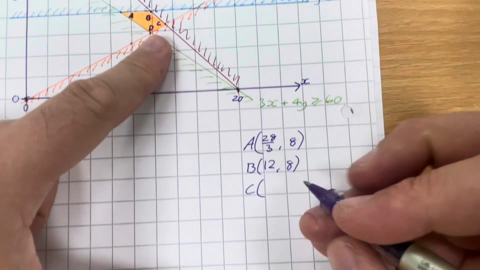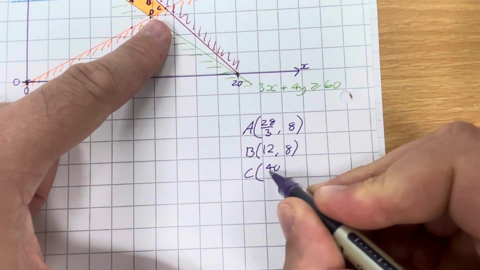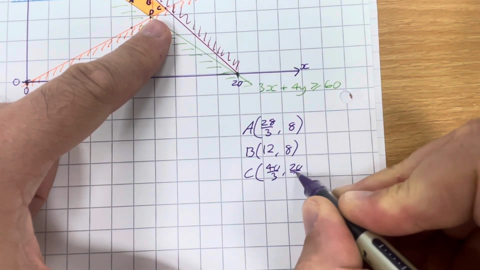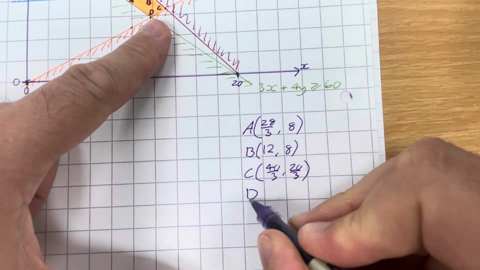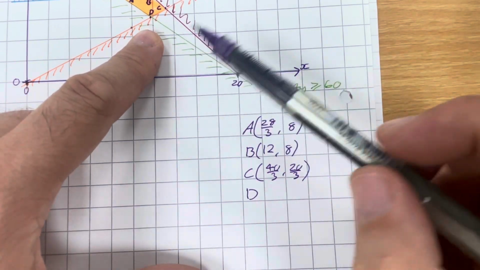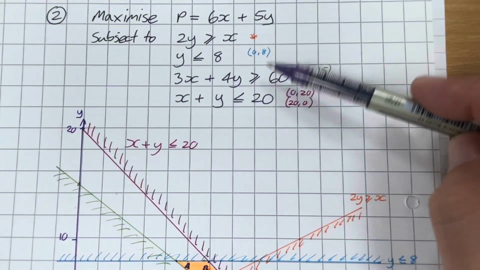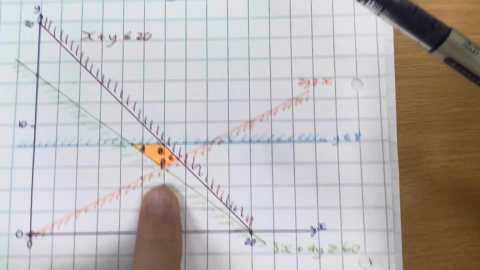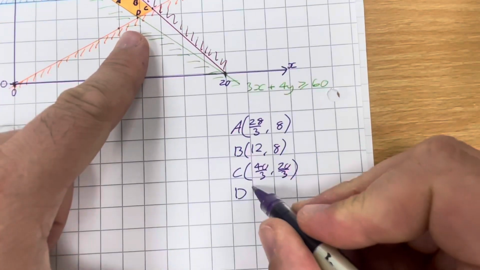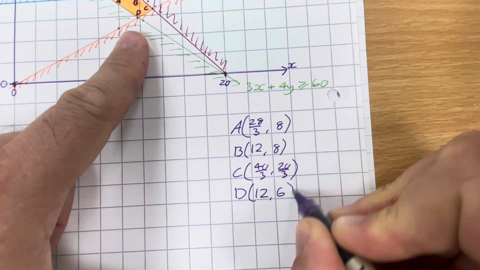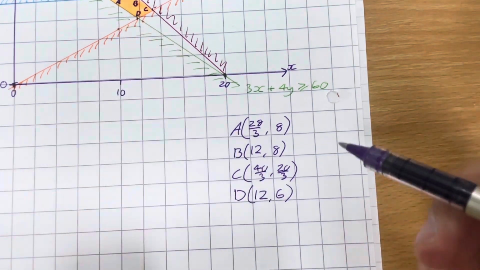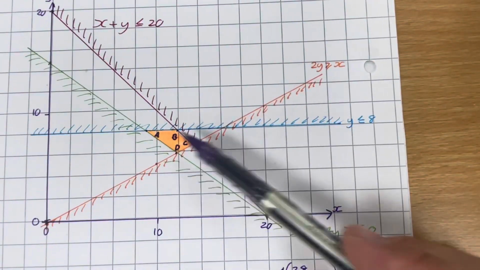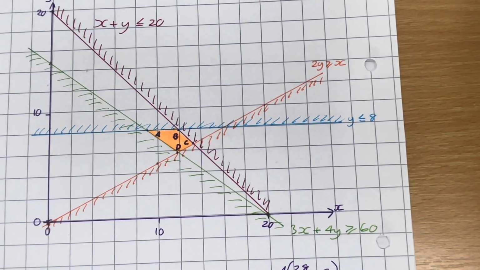And we end up with C is the point 40/3, 20/3. And then finally the point D, that's the intersection of the orange and the green. So solving these two simultaneously. And if you do that, you'll get the point 12/6. Okay, so those are the 4 coordinates of the 4 vertices of my feasible region.